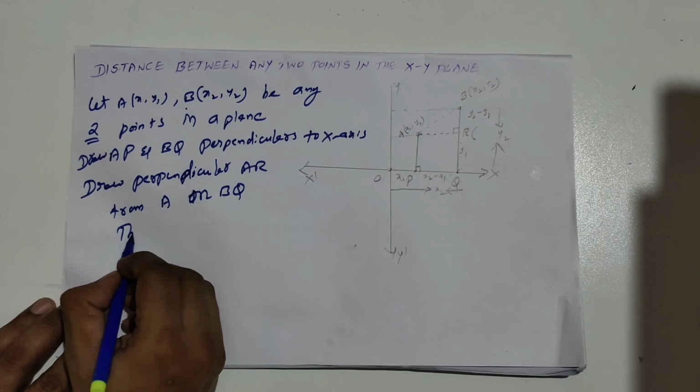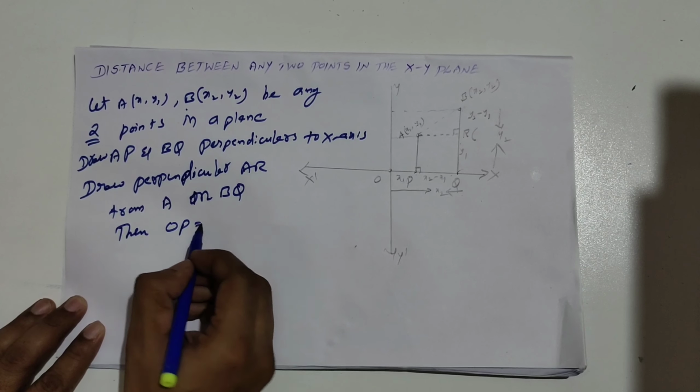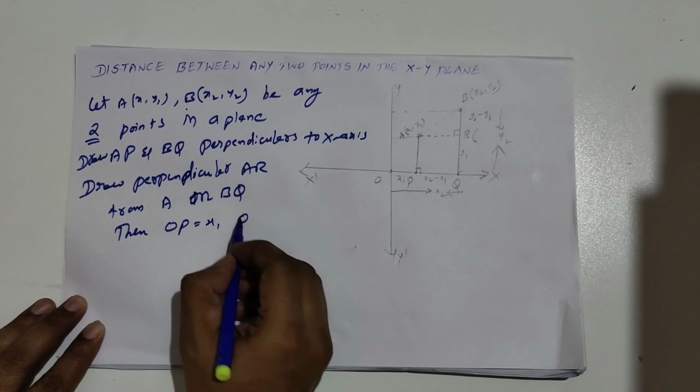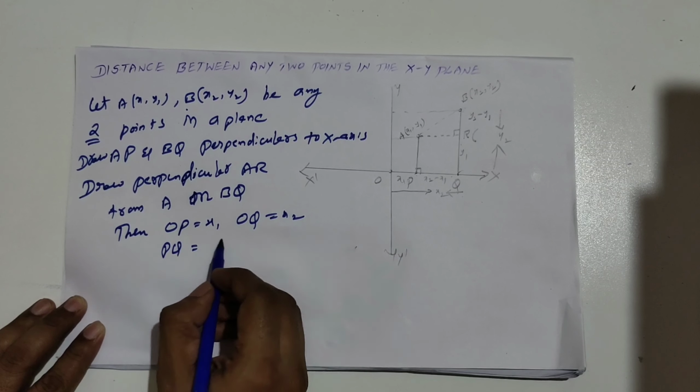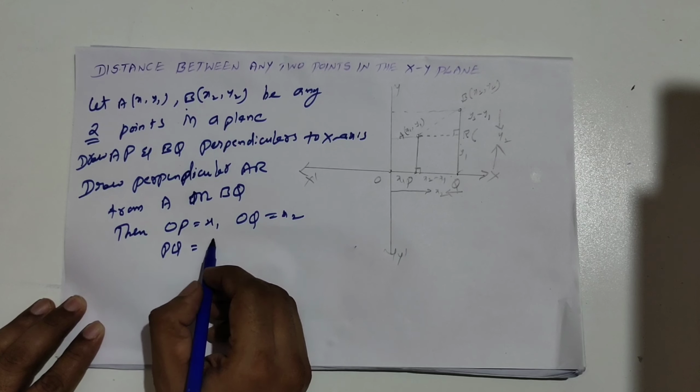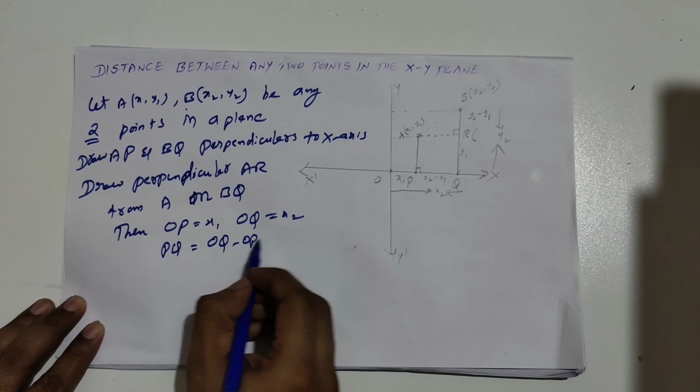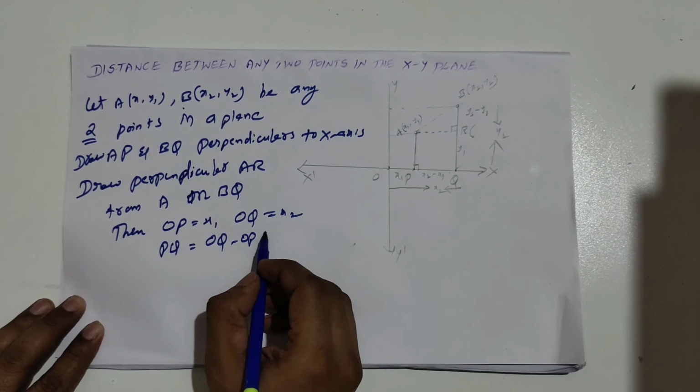So then, as we know, OP is equal to x1, OQ is equal to x2, then PQ is simply OQ minus OP, that is simply x2 minus x1.